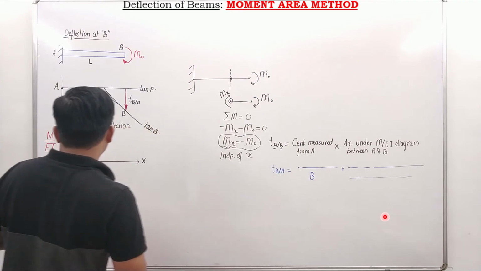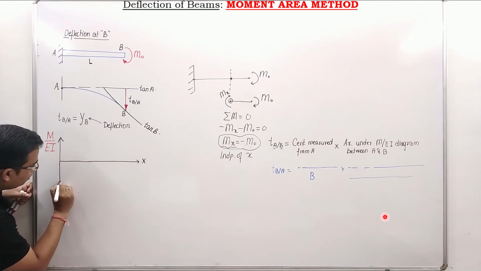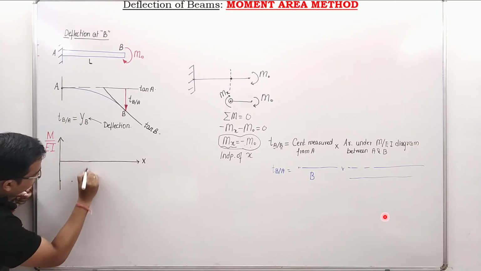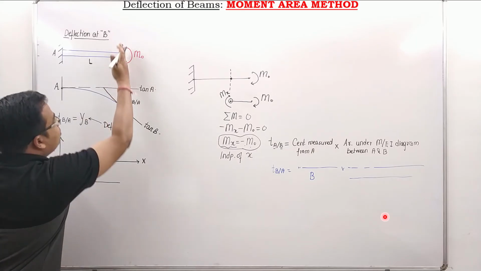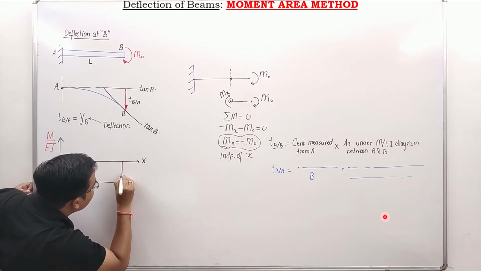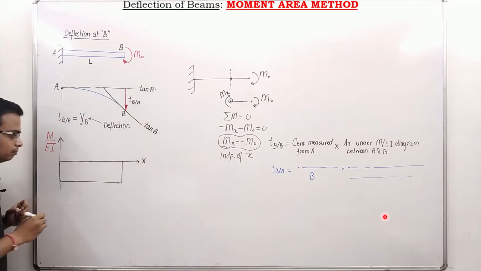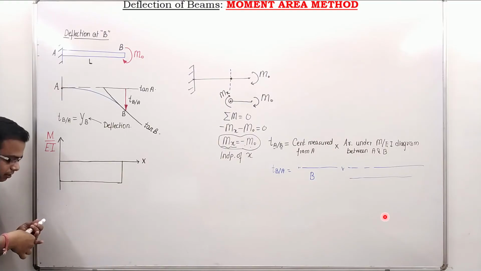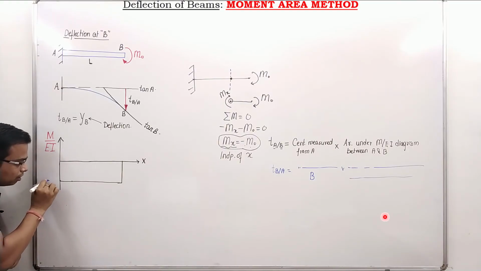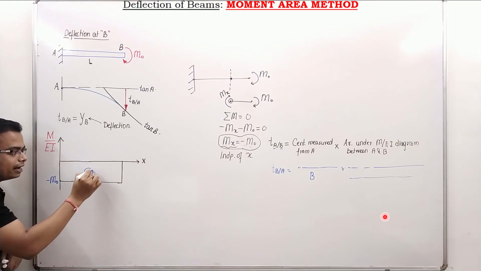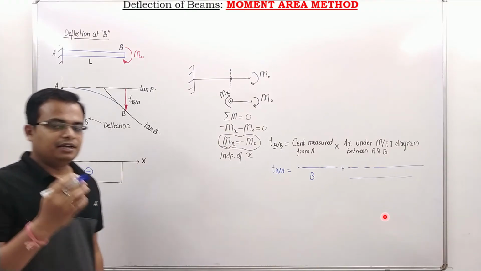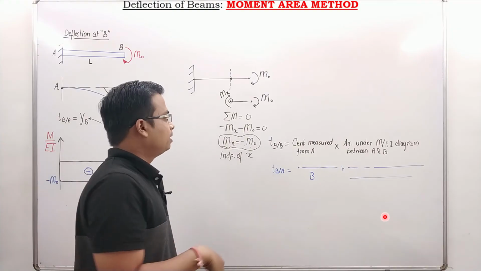That means at every point here, here, here, everywhere the bending moment is going to be the same. And where does the beam end? Somewhere here. Let me make it like this. Beautiful. And since all the values are negative, guys, this is nothing but minus m0. All the values are negative. That is a clear indication. It's a clear-cut case of a negative bending moment.